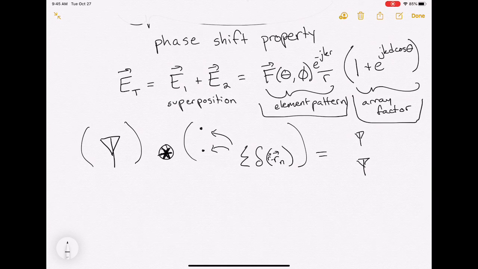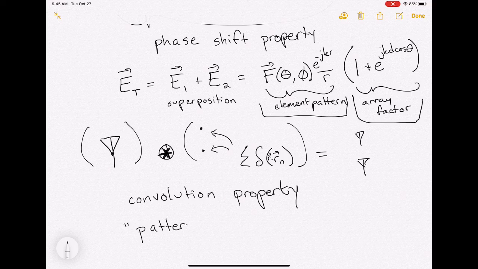So that's another Fourier transform property. That's the convolution property. And in the context of antenna arrays, we call it pattern multiplication. This gets more and more useful as you add more elements to your antenna array.